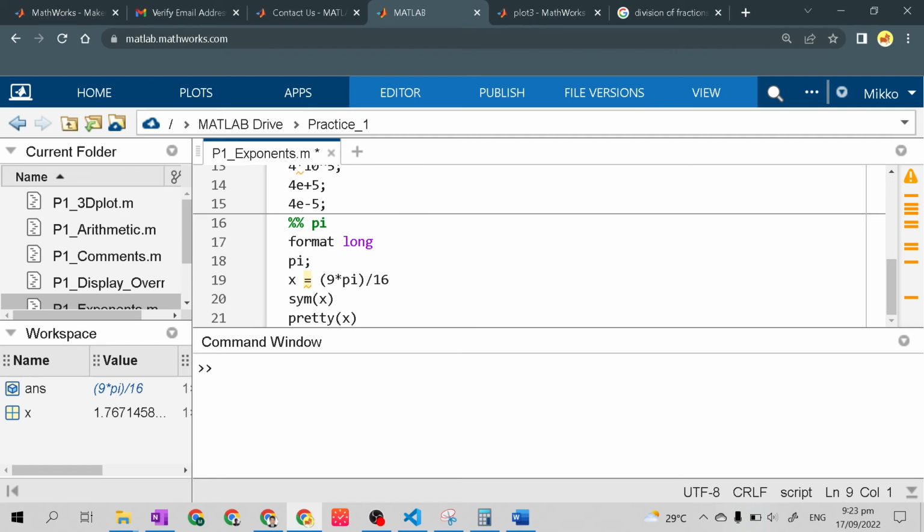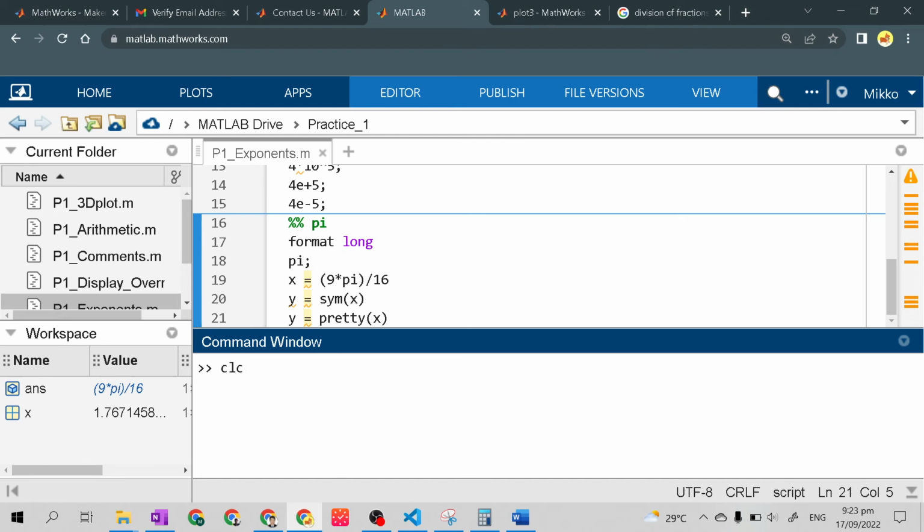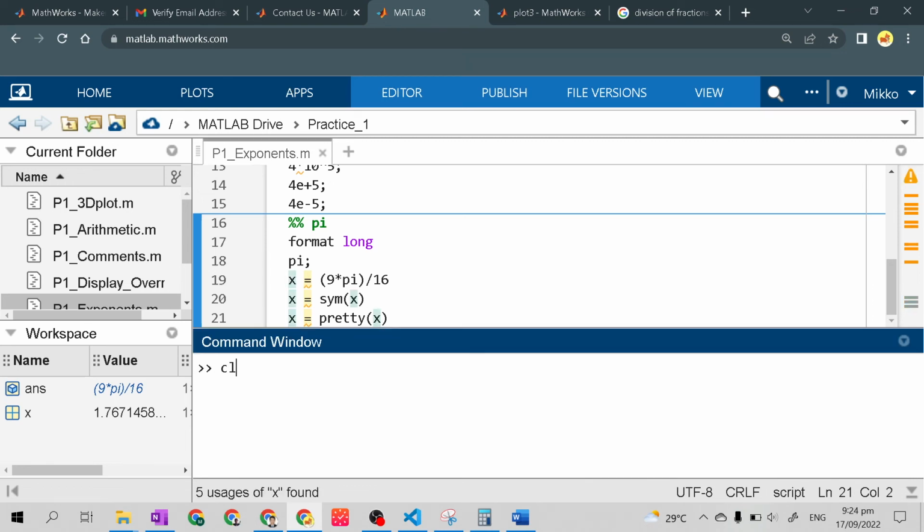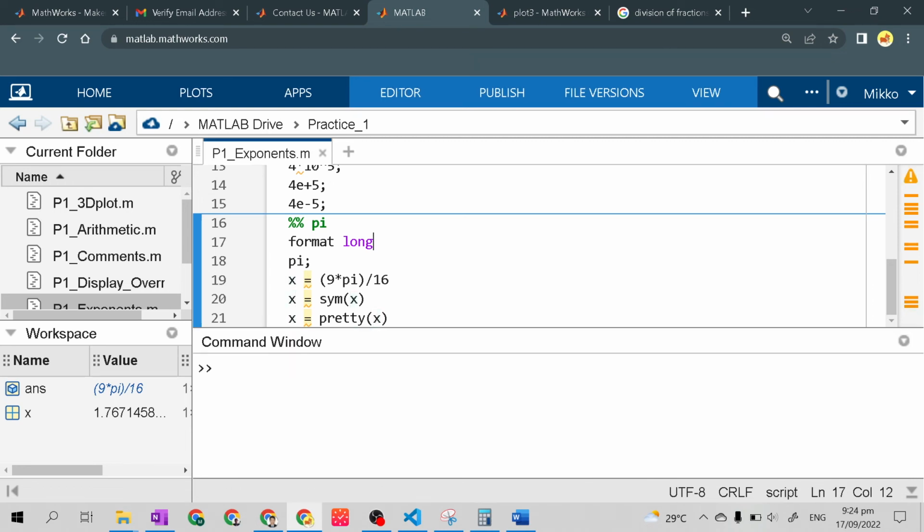To solve this, let's use a y variable. Then y again. Let's override x. CLC.